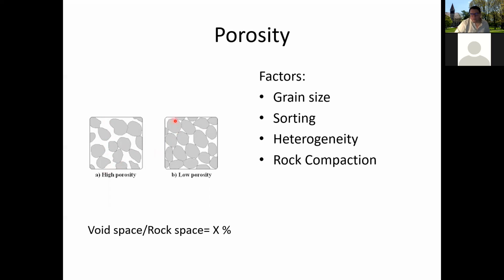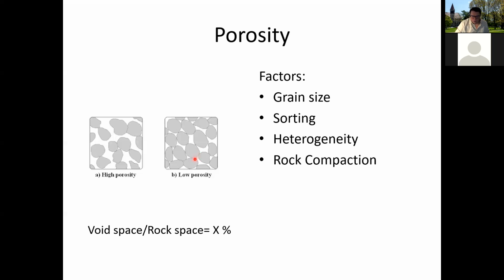Here, in lower porosity rocks, you can imagine it'd be a lot harder, or at least a lot slower, for water to flow through the grain spaces and get to a water well or something like that, or to a river where you could collect the water for drinking or other purposes. I won't test you on this either, but the most restricted distance between grains is called the pore throat.